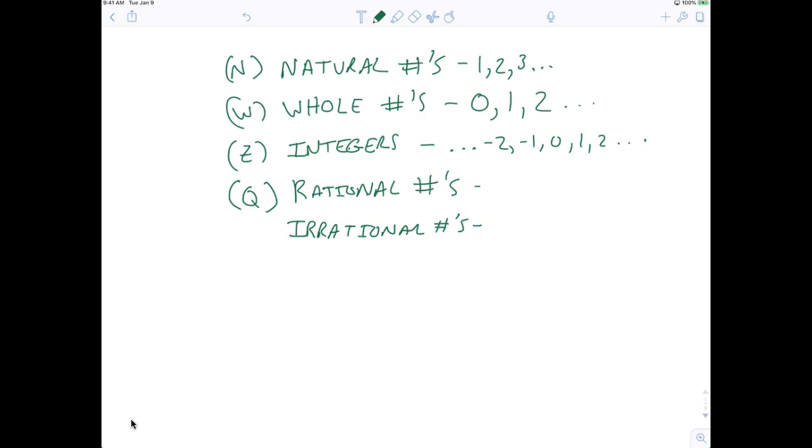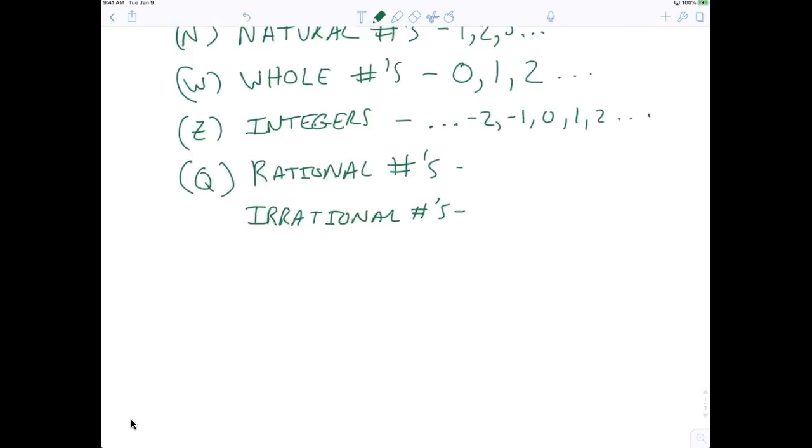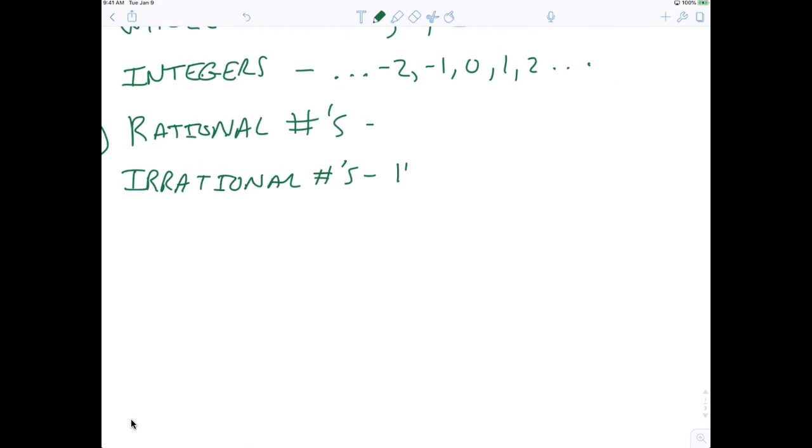The most famous irrational number. Anybody tell me what the most famous irrational number is? 0 is rational, 0 over 1. Pi. Pi is an irrational number. Pi has been carried out to millions of decimal places, and they've looked at the decimal places and tried to find patterns.